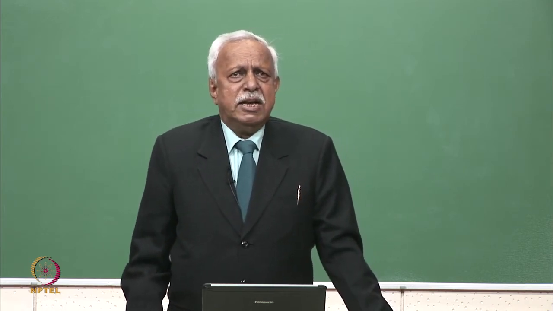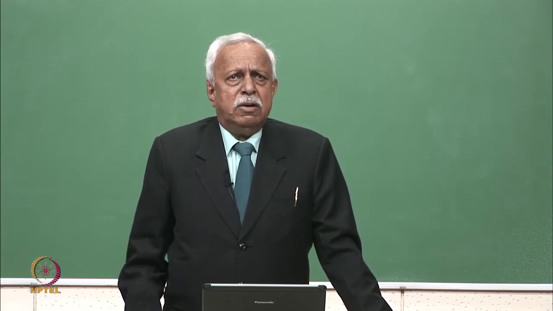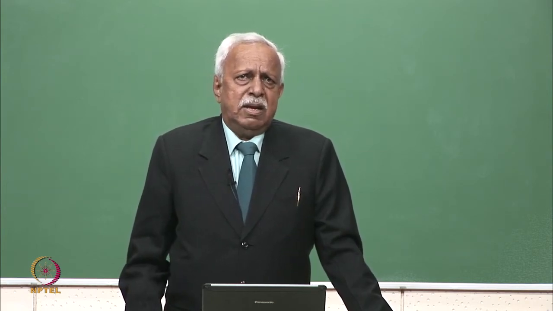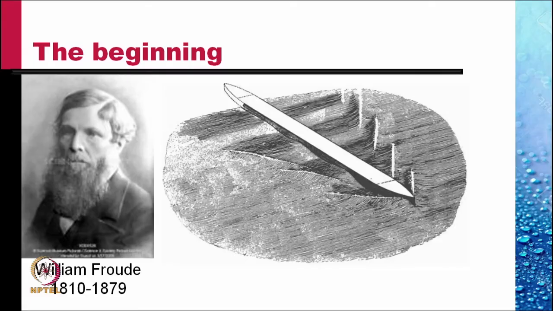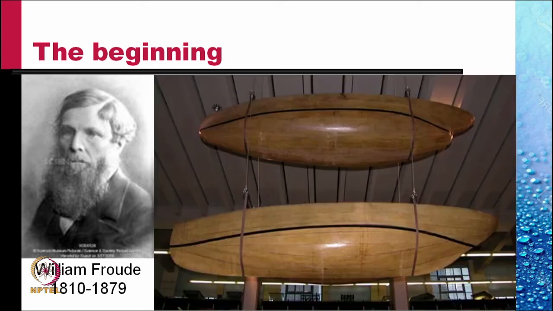In the process of designing ships for low resistance, he came up with the idea of designing small models. The models that he made were various boats of the sizes of 3 feet, 6 feet and 12 feet. With these, he found out the drag that these boats experienced.